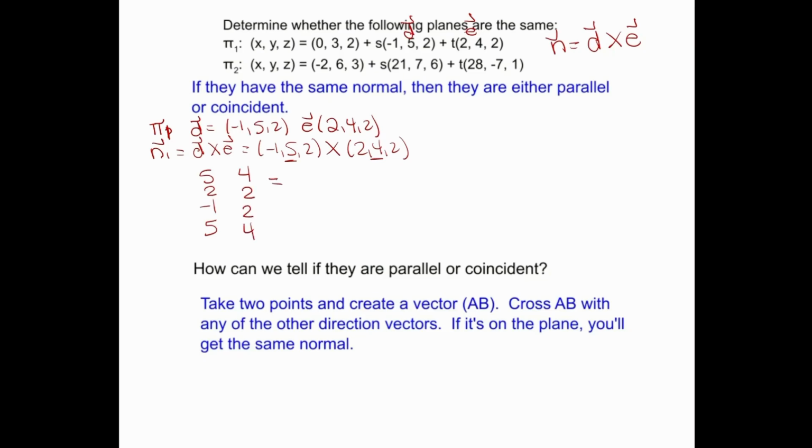That's 5 times 2 minus 2 times 4, then 2 times 2 minus -1 times 2, and then -1 times 4 minus 5 times 2.